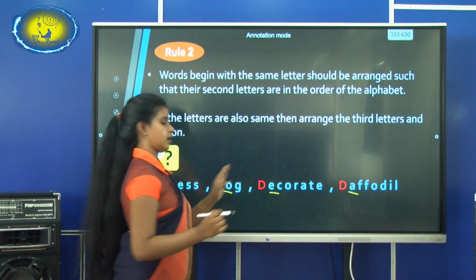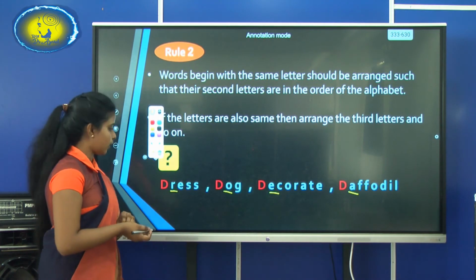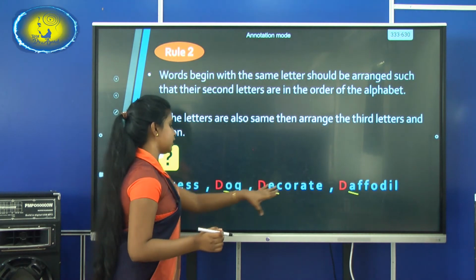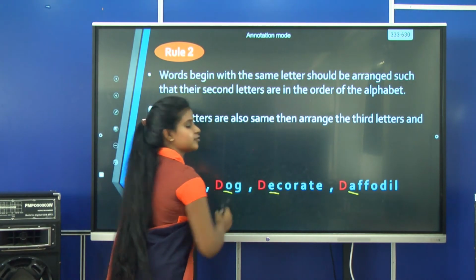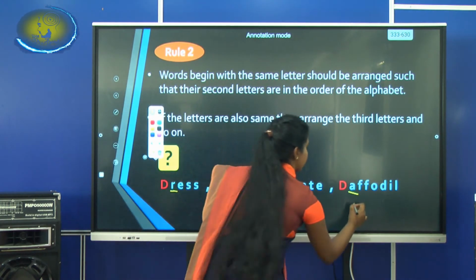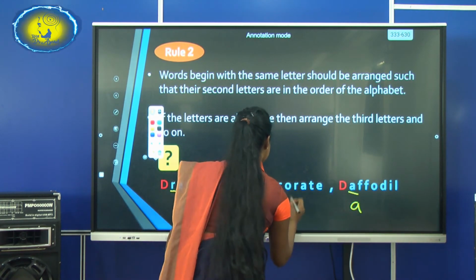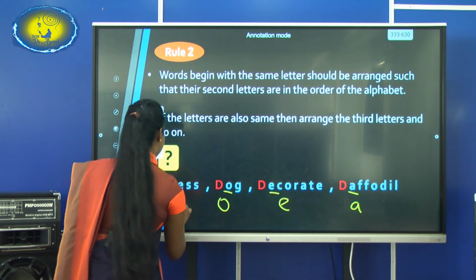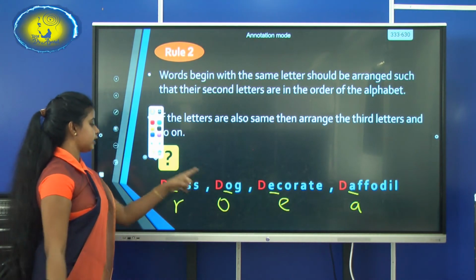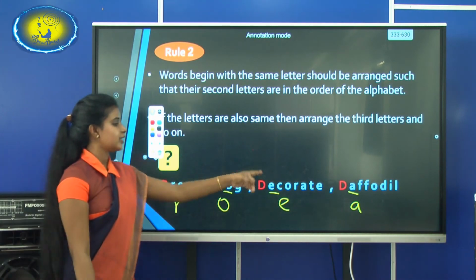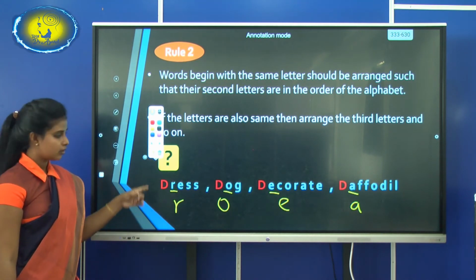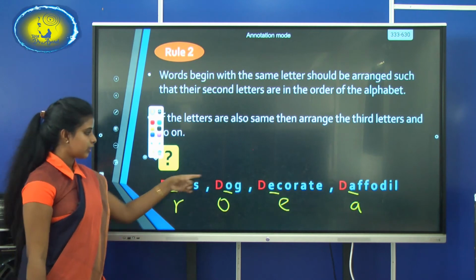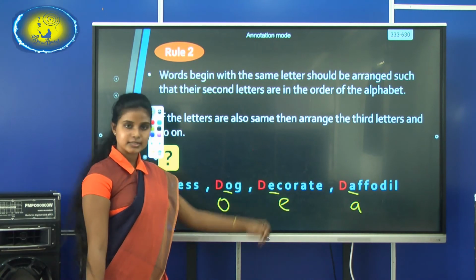Here, these are the second letters. From these, which second letter comes first? Here, A, E, O and R. Which letter comes first, children? Is it R? Is it O? Is it E? Is it A?